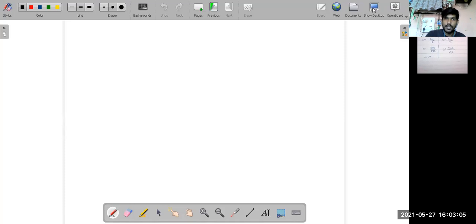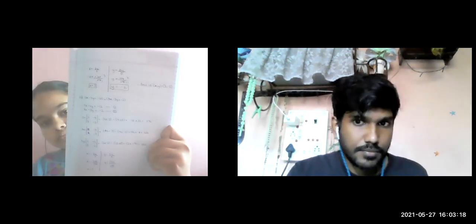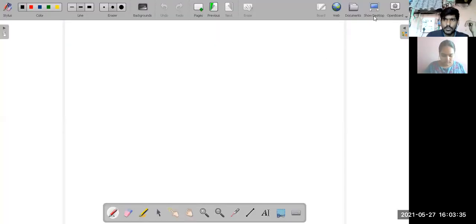Wait, I can't see. After this one. Yeah, the one which you, yes. Whatever you're telling me, is it okay if I write it in the red pen? Yeah, it's okay.